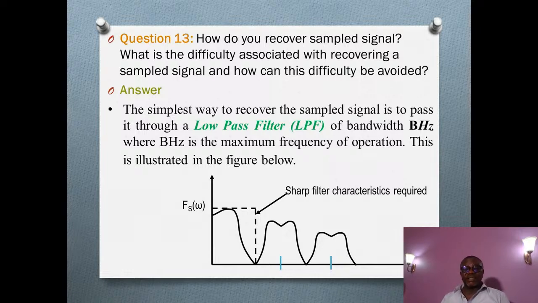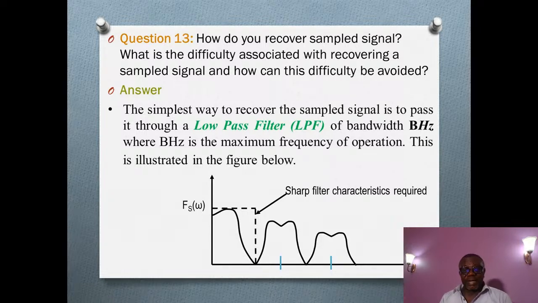Let us take these signals to be the sampled signals we have seen in the figure above. If you look at the dotted line, which is like a pulse, that is a filter. And of course, we know what a filter is: it allows a certain range of frequencies to pass.